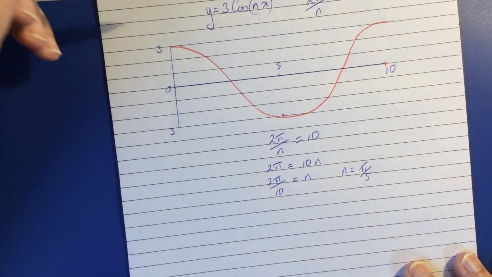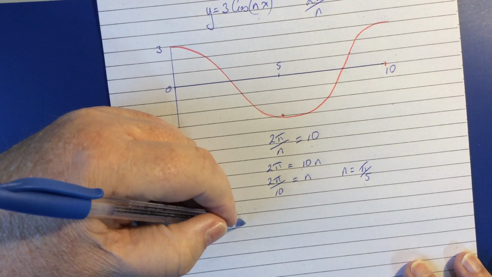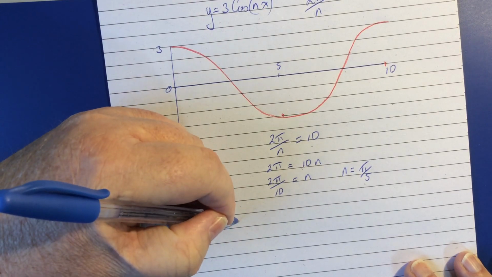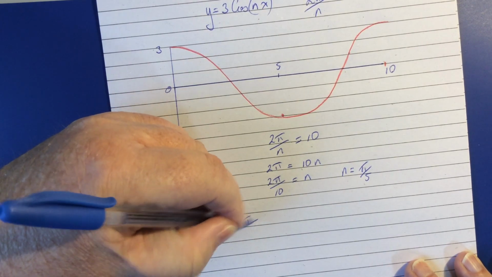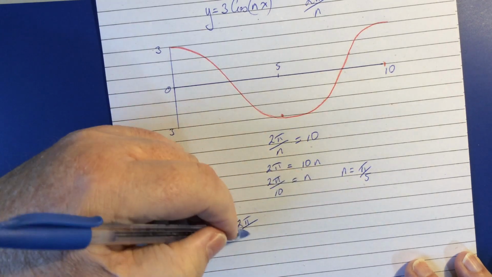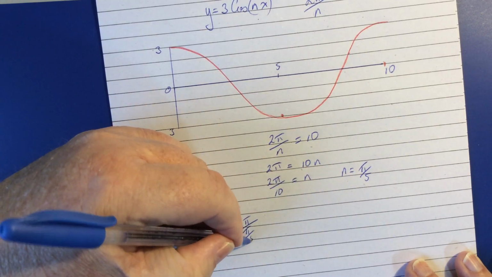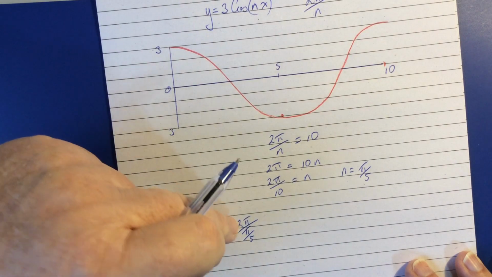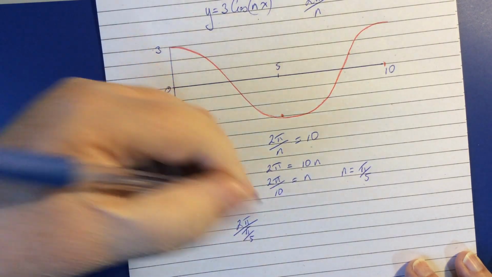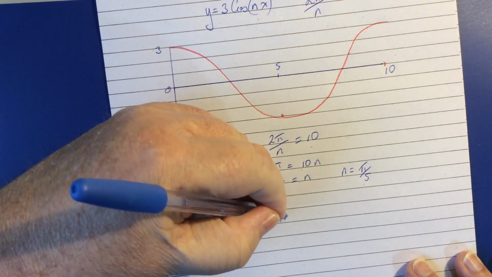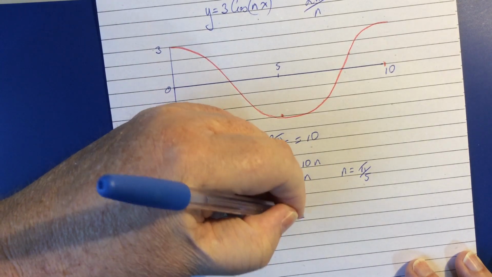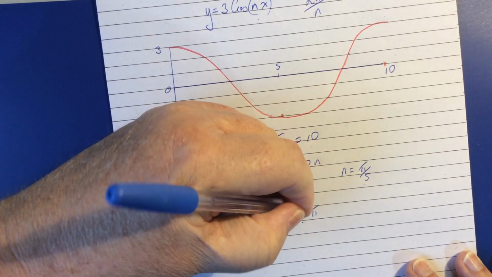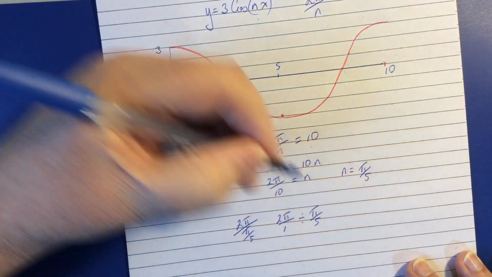Okay, so the period of our graph is 2 pi on n, so we're going to insert this n here. And what we have is this number divided by a fraction. So that is 2 pi on 1 divided by pi on 5.